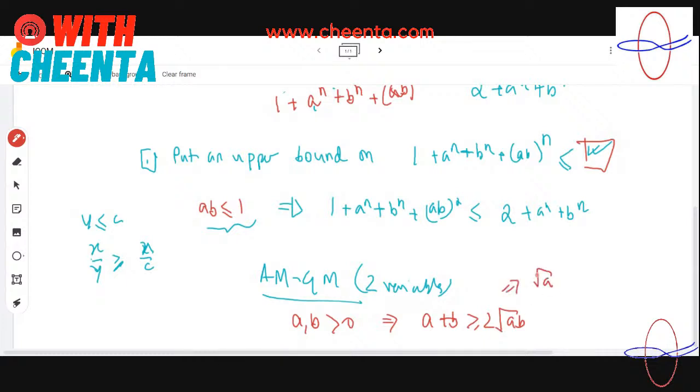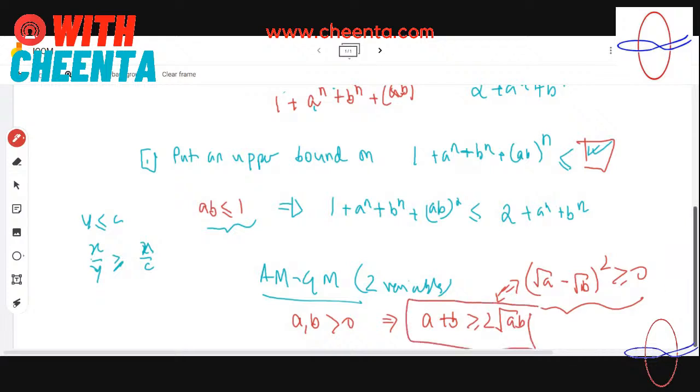Because root A minus root B whole squared is greater than or equal to 0. You can write this inequality as if and only if. You write A as root A squared and B as root B squared, and take this here, so you get root A minus root B whole squared greater than or equal to 0, which is of course true. So therefore this is true. And if you put A plus B equal to 2, you get 2 greater than or equal to twice root AB, and from here AB is less than or equal to 1.